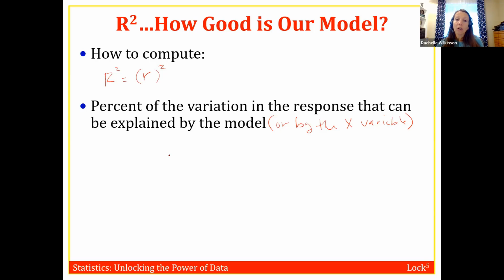So the higher your R-squared, the better your model is going to be at predicting, because that means your x variable is able to explain a lot of that variation. In the general public, a height-weight model usually has a pretty low R-squared, because height plays a little part, but all those other factors play a huge part.